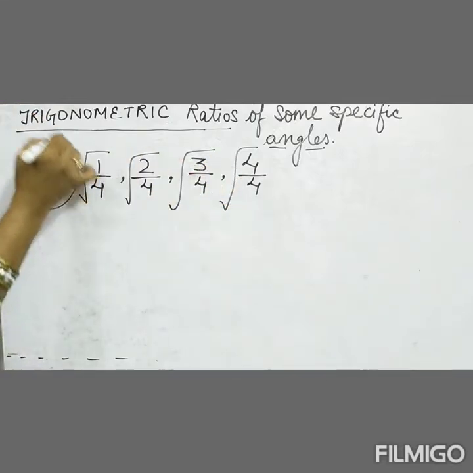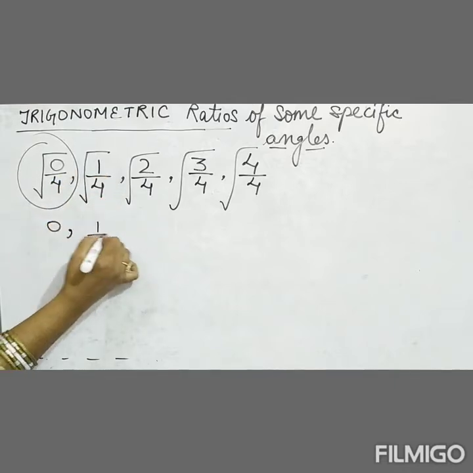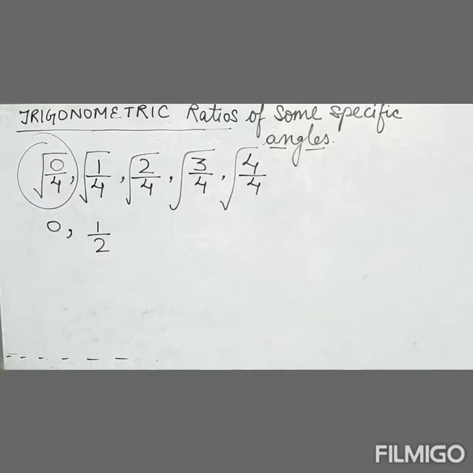Okay, now after solving, what values will we get from these? This should be equal to 0 divided by any number. If you divide 0 by any other number, you always get 0. So the root of that is also 0. Now root 1 is 1 and root 4 is 2.